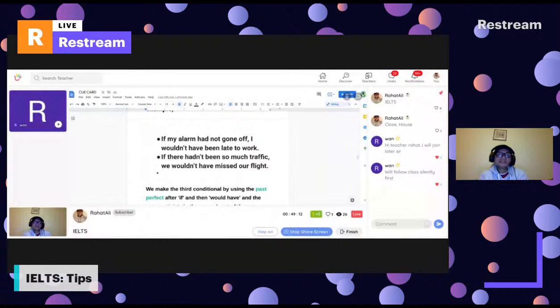Had plus past participle, and would not have been. So if my alarm had not gone off, once again, I wouldn't have been late to work. Second one, if there had not been so much traffic, we wouldn't have missed our flight. Okay.